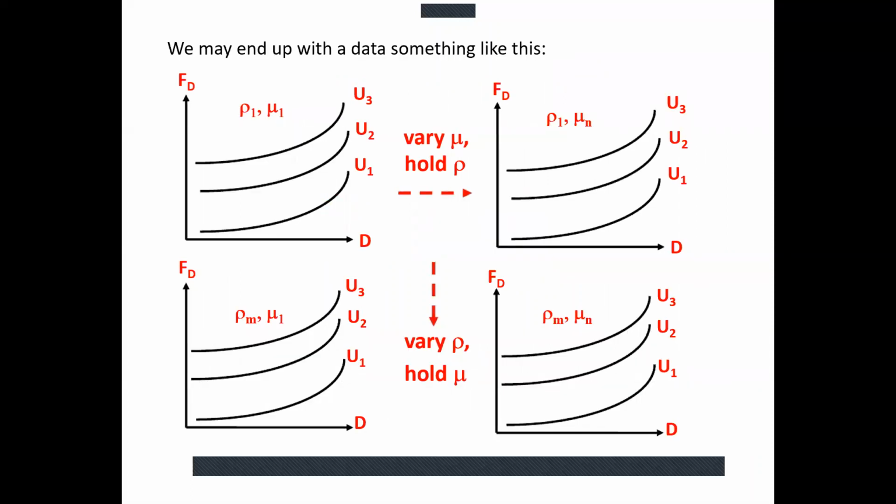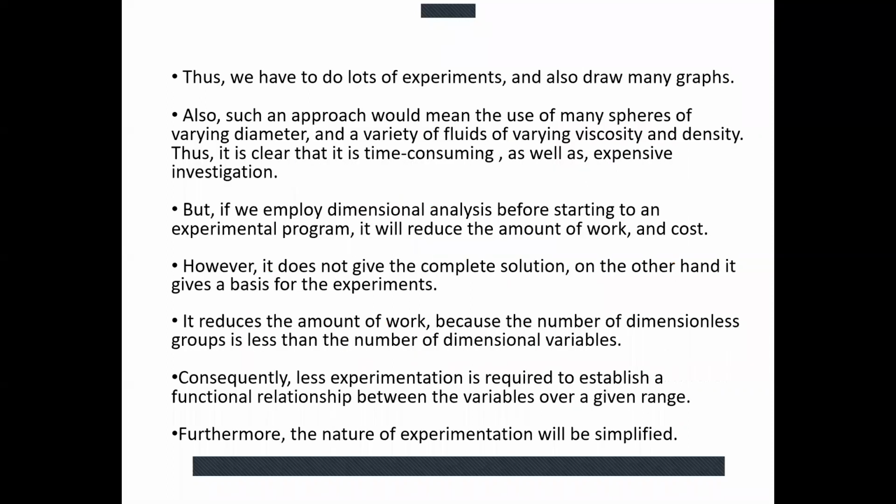So we need to make a lot of experiments in order to hold this condition, and also draw many graphs. Also, such an approach would mean the use of many spheres of varying diameter and a variety of fluids of varying viscosity and density, and it is time consuming as well as expensive.